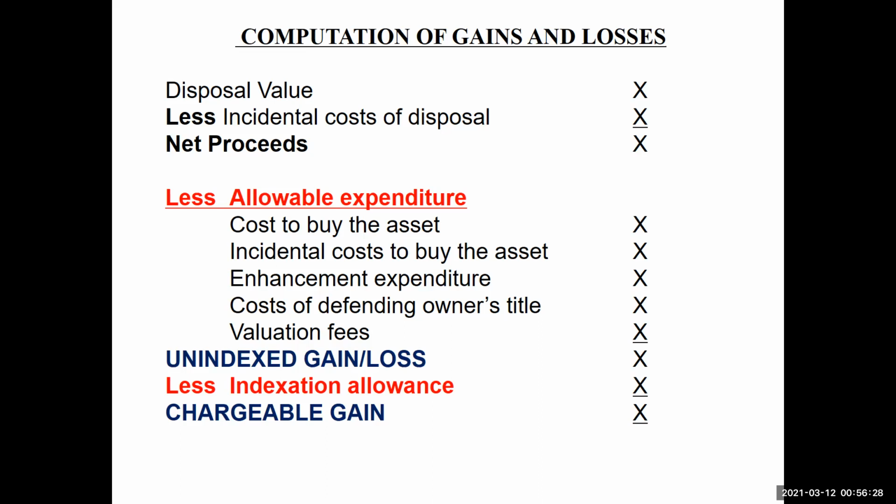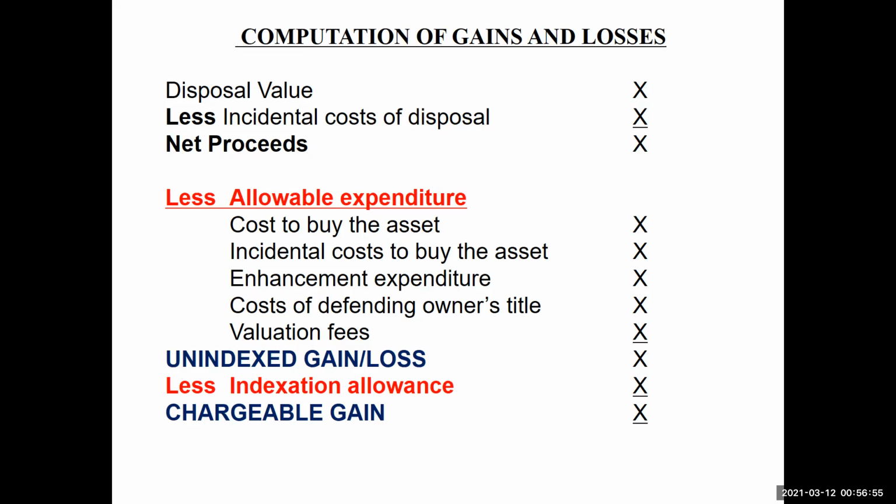Then we deduct any allowable expenditure. For example, the cost that we incurred in buying the assets, the original or historical cost, and any incidental costs we incurred during the purchase of the assets or bringing the assets into their useful state. Any enhancement expenditure which we have incurred in modifying assets or bringing them into more efficient use, we subtract.